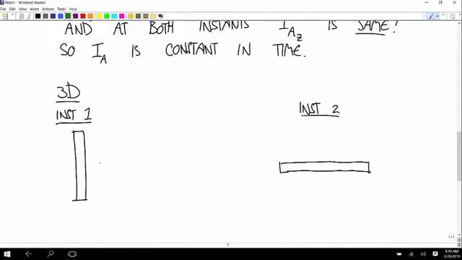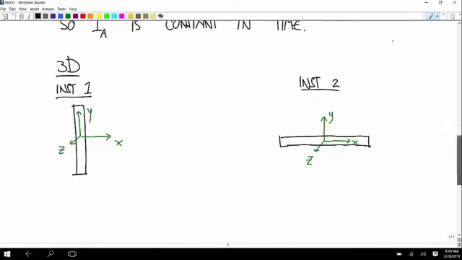And now I'll draw the coordinate system. There's X, Y, and just to be clear about Z, here's X, Y, Z. At instant 1 and instant 2, the mass moment of inertia about Z is the same.